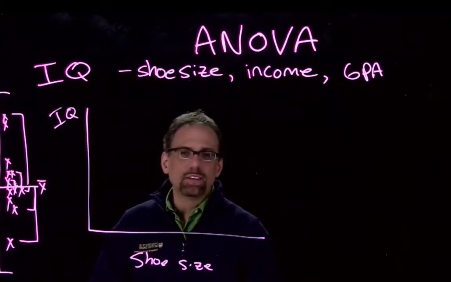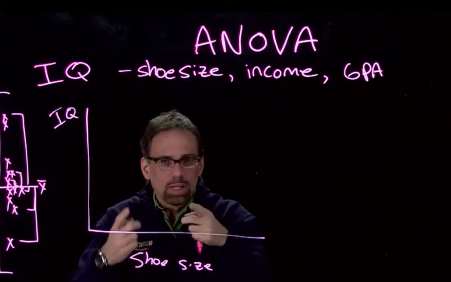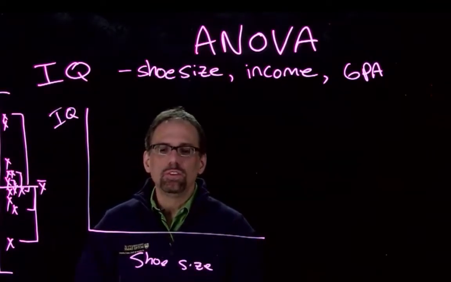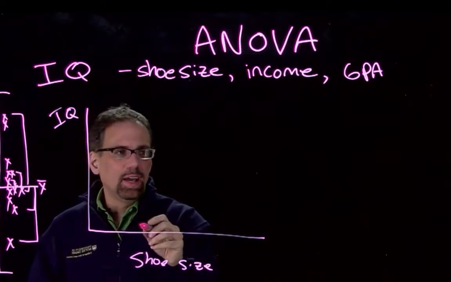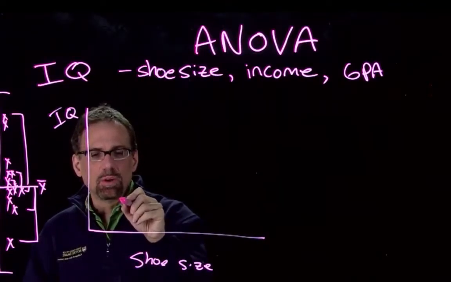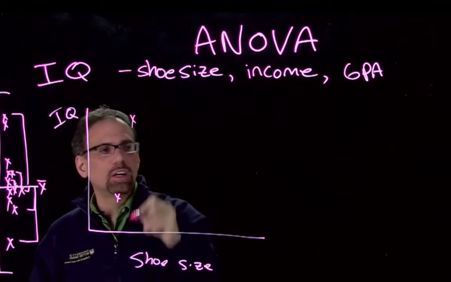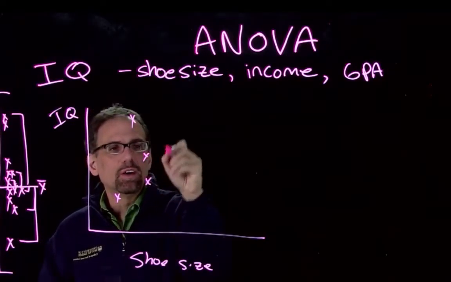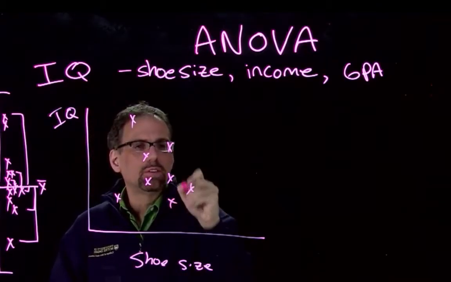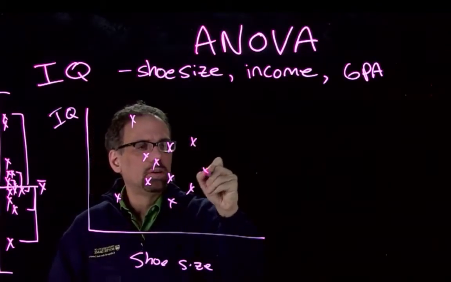So I ask each person, what's your IQ, or give them an IQ test, and then I find out what their shoe size is, and I plot it. So I have this person has a small shoe size and a low IQ, and then this person has a small shoe size and a large IQ, and so on. And so I have all these data points of these people.